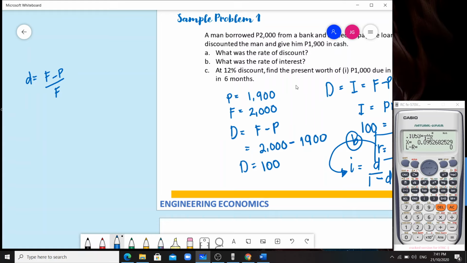So, dahil 1 year from today naman yan, so magiging 0.12 equals F is 1,000, minus present worth, over 1,000. Present worth ang hinahanap.